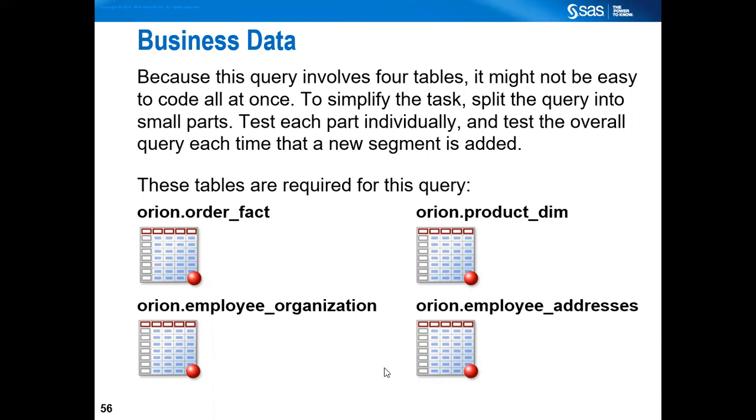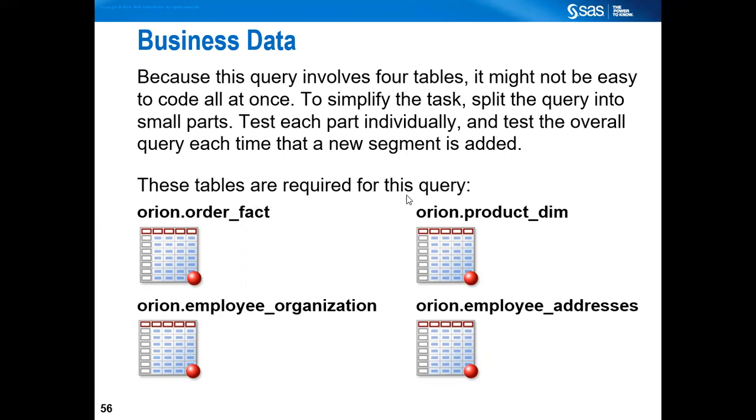So therefore, you'll have to write the program in such a way that you use all these four tables. Because this query involves four tables, it might not be easy to code all at once. To simplify the task, split the query into four parts. Test each part individually and test the overall query each time that a new segment is added.